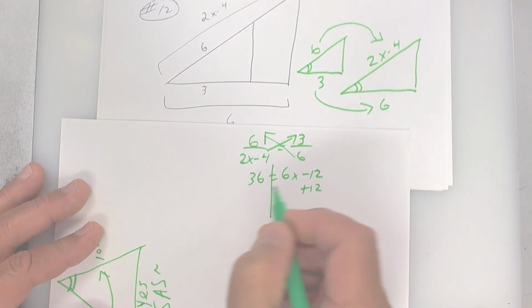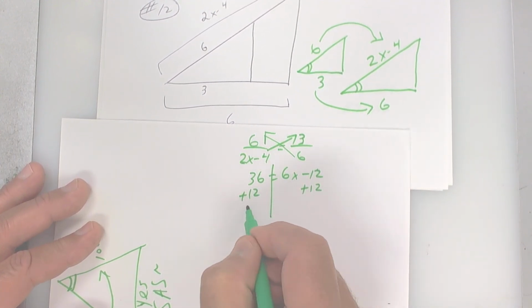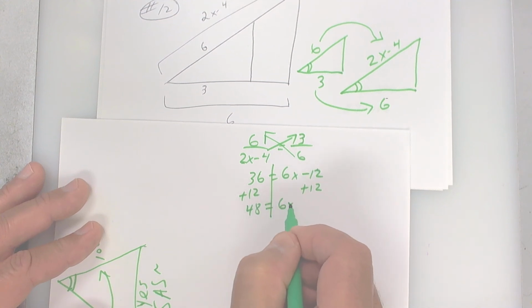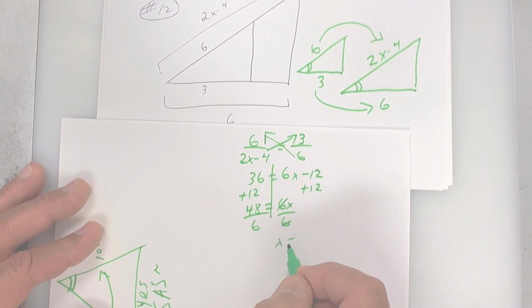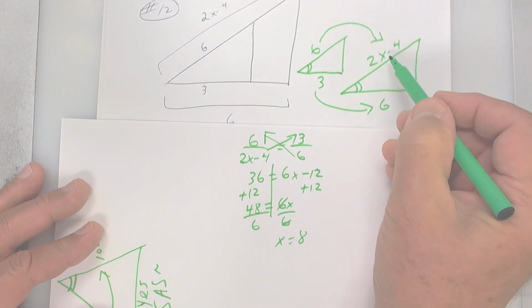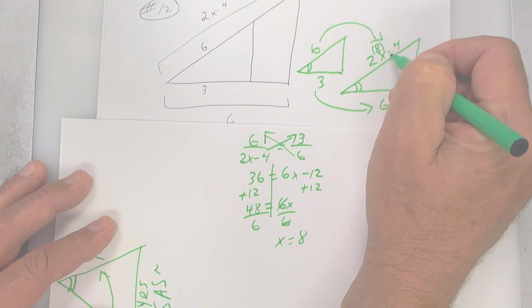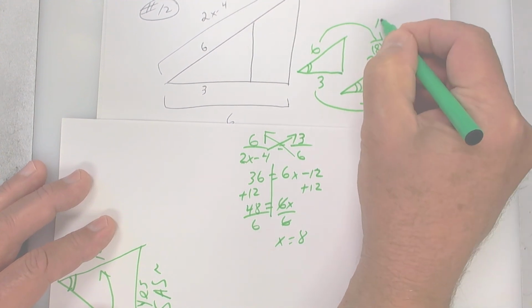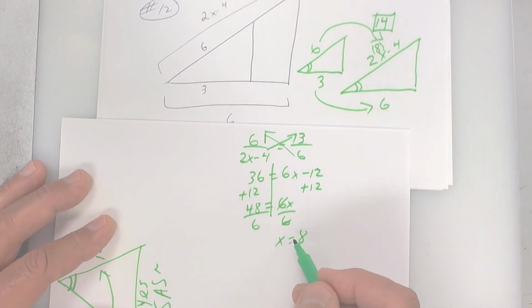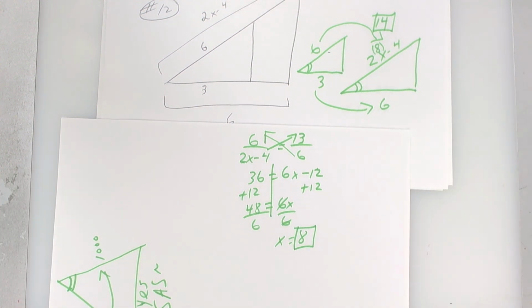You want to add 12 to both sides and get 48 is equal to 6x, and then divide by 6 and you get 8. So x equals 8. Sometimes they might want to know this side right here, so you would do 2 times 8 is 16 minus 4 is 14. So if they want x, here it is. If they want the side, there it is.